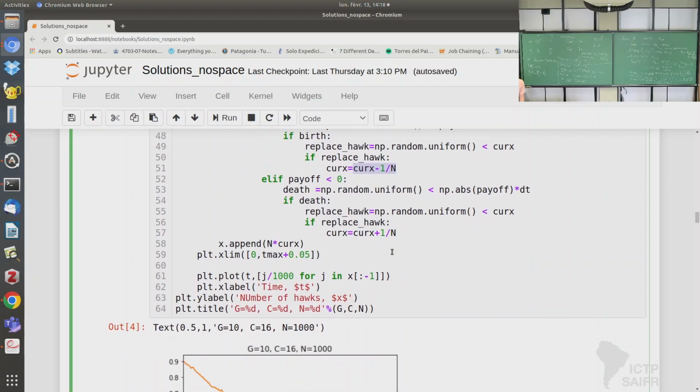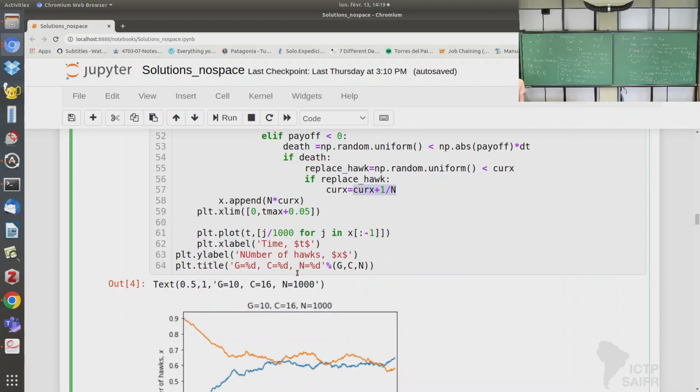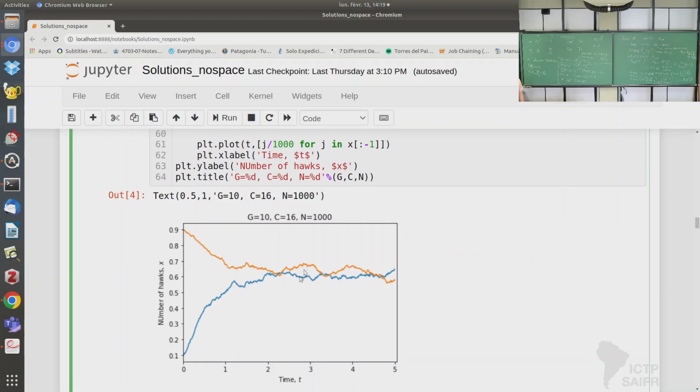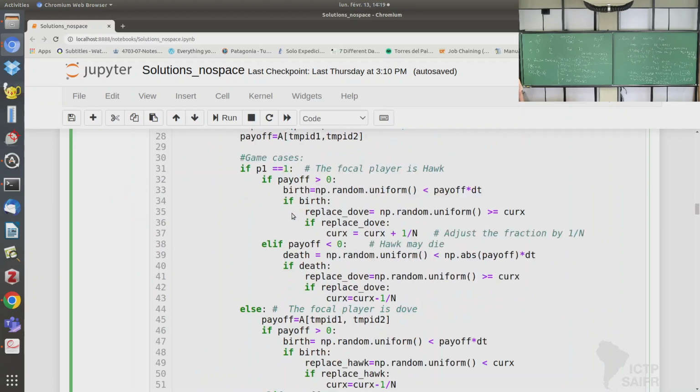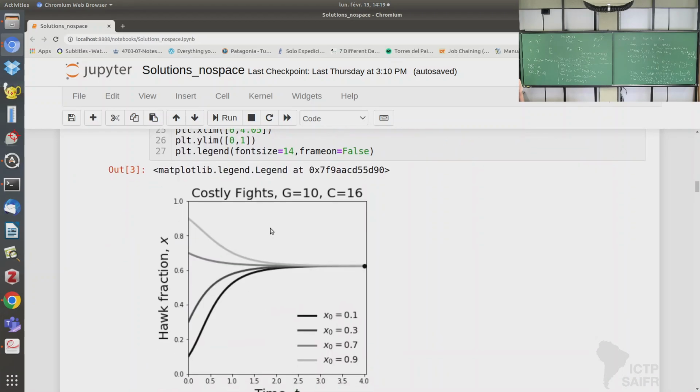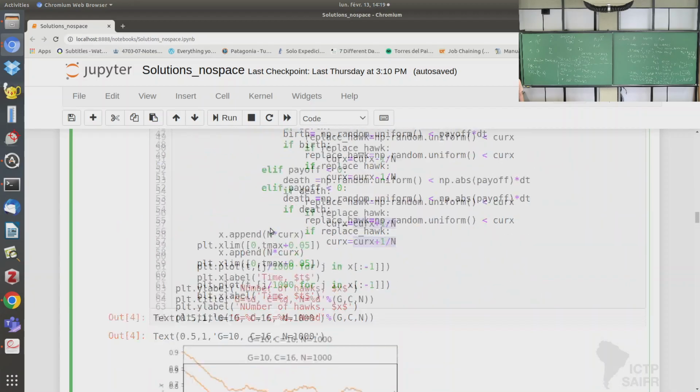And if you have a death of a dove, and you're drawing player 3 to be a hawk, then x becomes x plus 1 over n, sorry. So you can simulate the results, and you see that this does the same thing as the deterministic case.